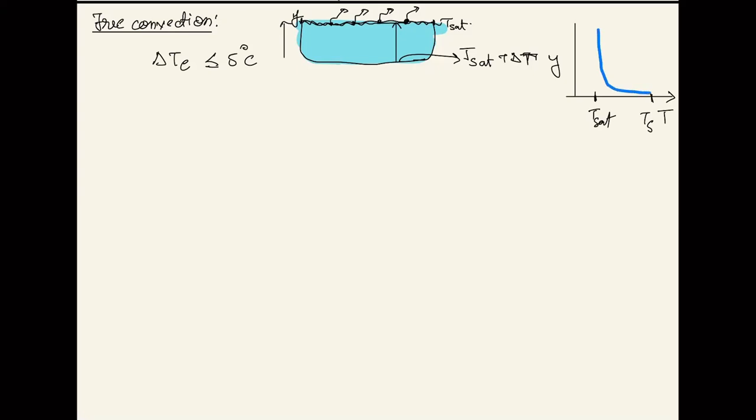I'm just trying to show some graphical things also, because such things are asked in GATE. So this is a temperature distribution for a saturated pool boiling, and you can easily see in free convection boiling that this temperature difference is very small. It's hardly less than 5 degrees Celsius.